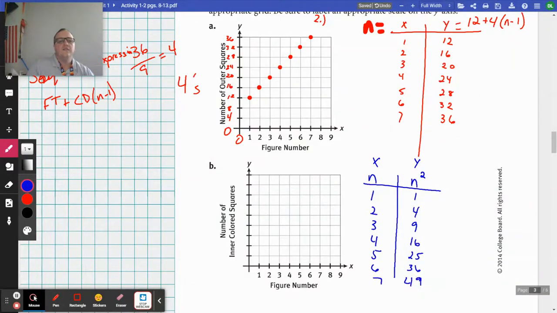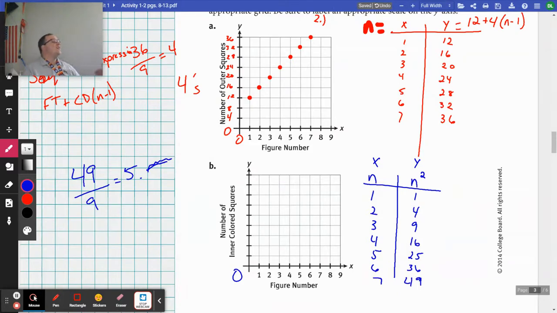Okay, that's 49. So now we have to take our 49 divided by 9, right? Because again, this is 0. So 1, 2, 3, 4, 5, 6, 7, 8, 9. And that doesn't give me a whole number, right? That gives me 5 point something.